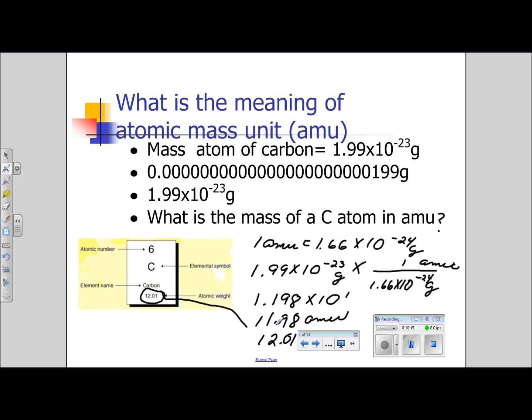The reason why this number may not be exactly the same is maybe due to rounding, and also keep in mind that this number represents an average mass of atoms because there are 3 isotopes of carbon.